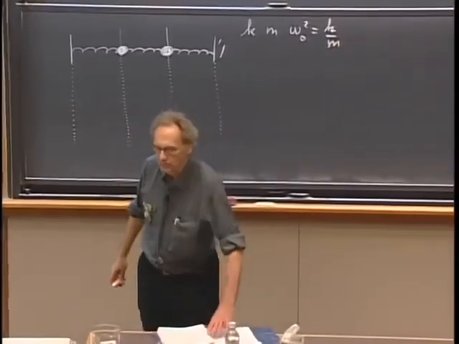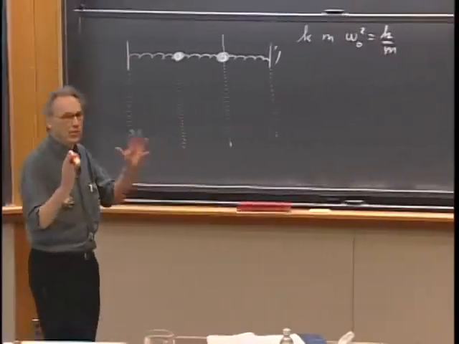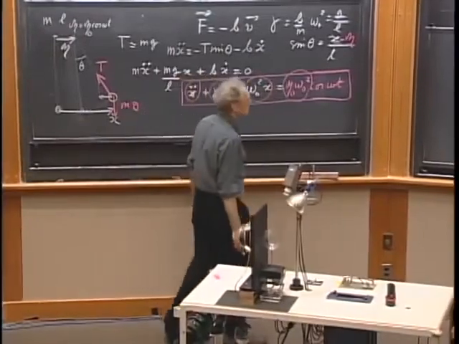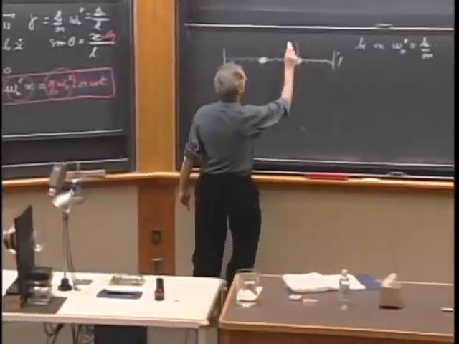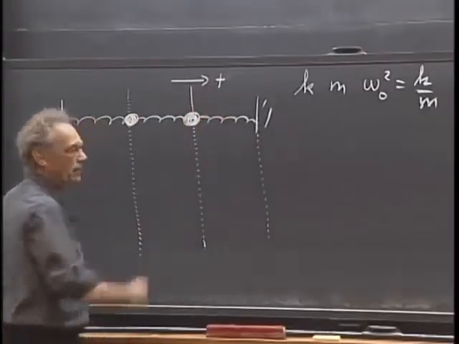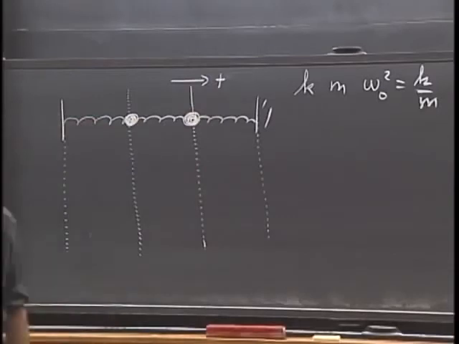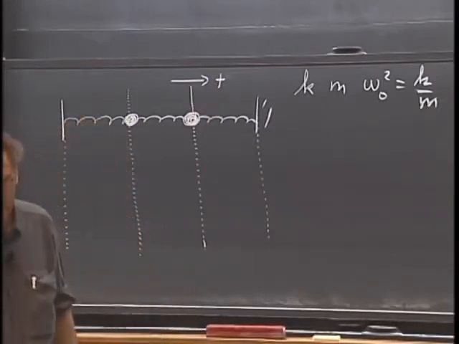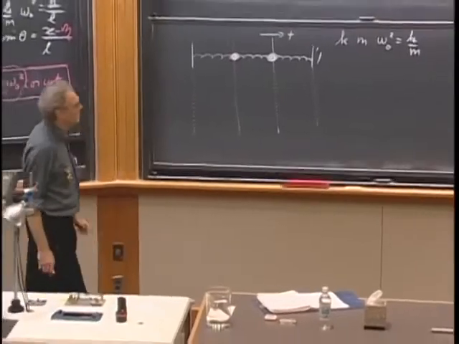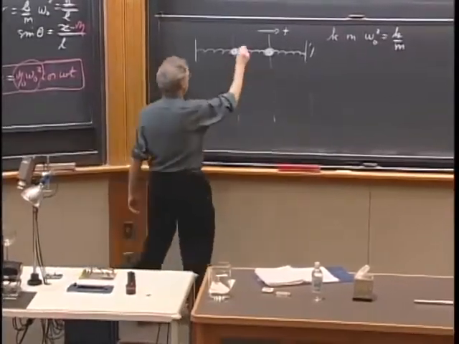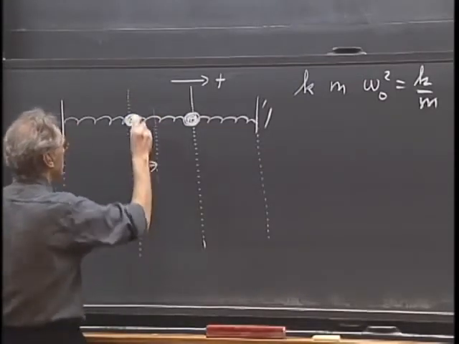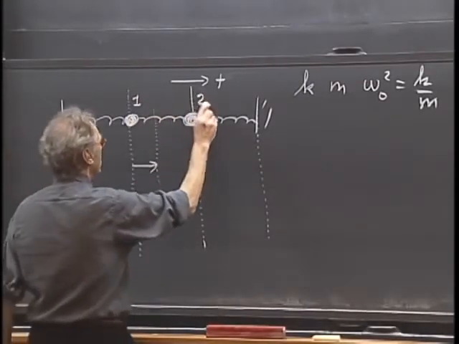Now what I do, I offset both these objects from equilibrium. I always offset them in the same direction, and I call that positive. Is that a must? No. Is that useful? Yes. So I offset them, and this is object number 1, and this is object number 2.